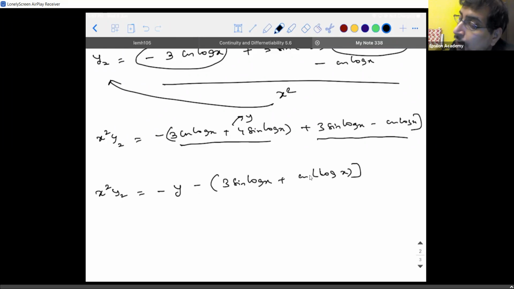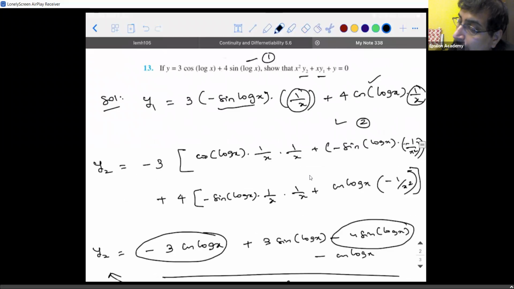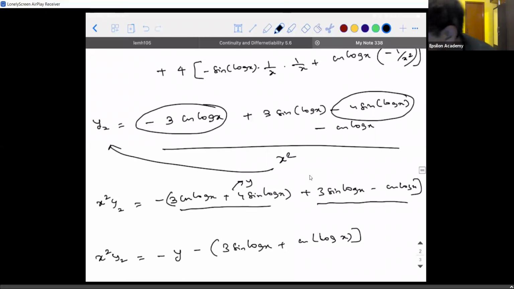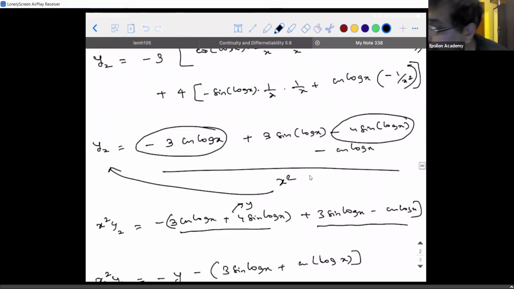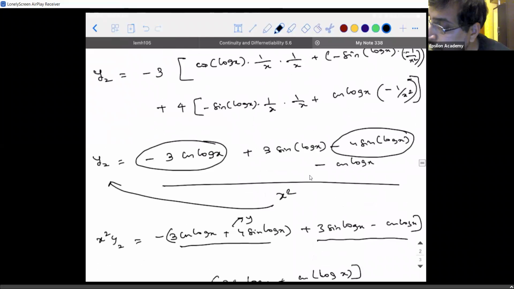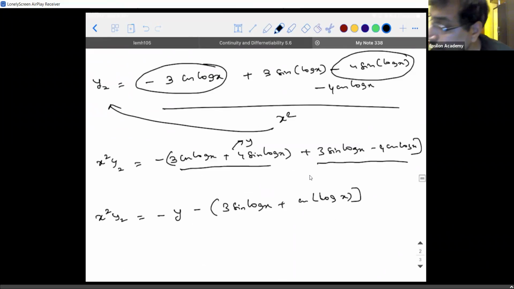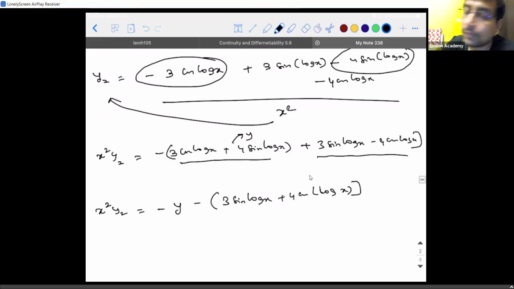Minus of, I have a 4 here. What is this thing?